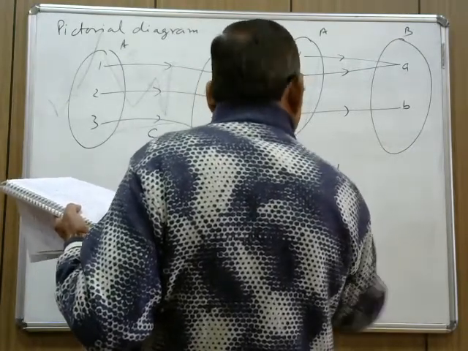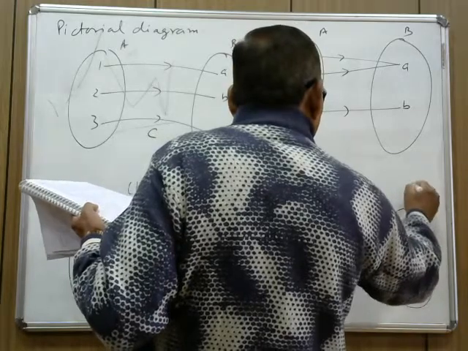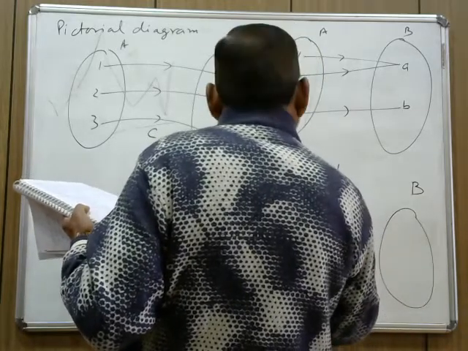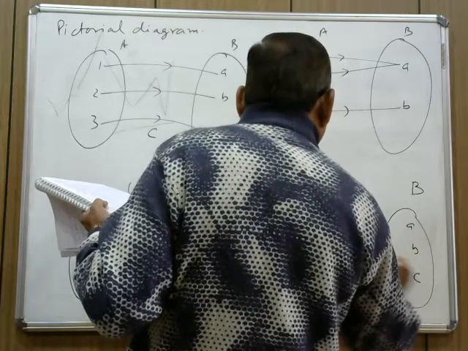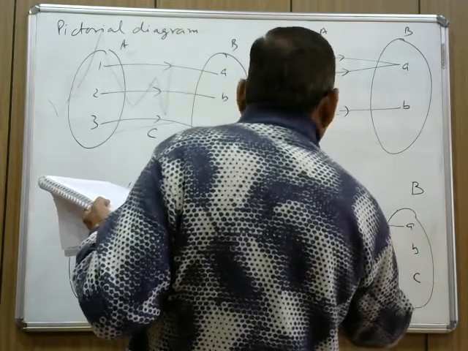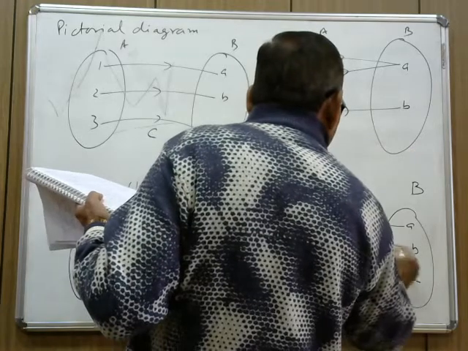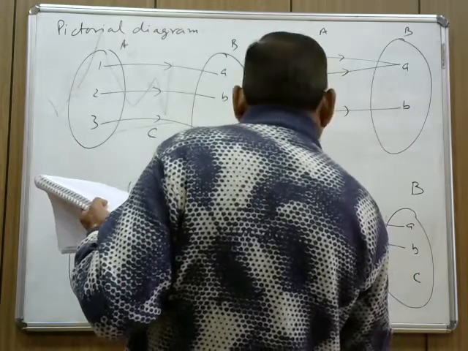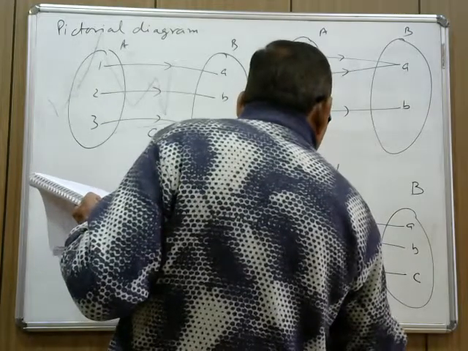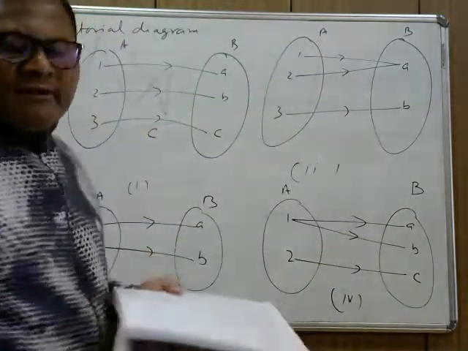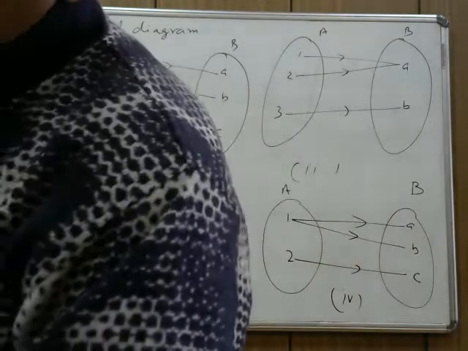This is A, this is B. A has 1, 2, and here are A, B, C. 1 is associated with A, 1 is associated with B, and 2 is associated with C. This is fourth.